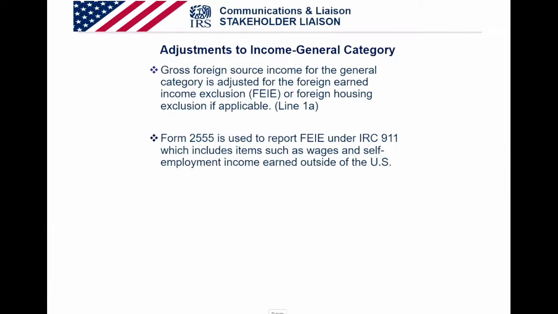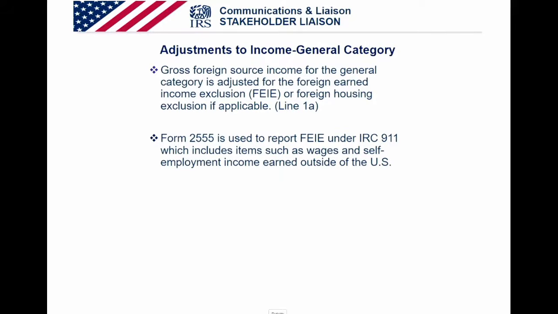Now, the foreign earned income exclusion adjustment is claimed by filing Form 2555 and attaching it to the Form 1040. And as we mentioned in the categorization topic, foreign earned income falls into the general category. Line 1, gross income, must be adjusted to also remove any earned income that is excluded under the foreign earned income exclusion.